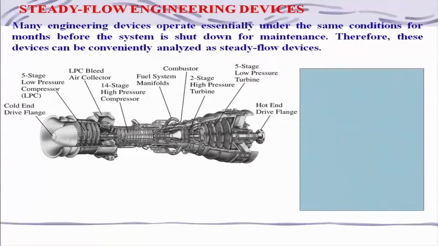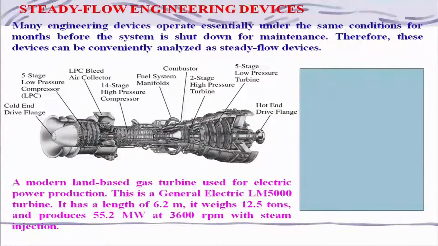This very big gas turbine engine can give you power of 55.2 megawatt, rotates at 36,000 RPM with steam injection, is 6.2 meters long, and weighs 12.5 tons.